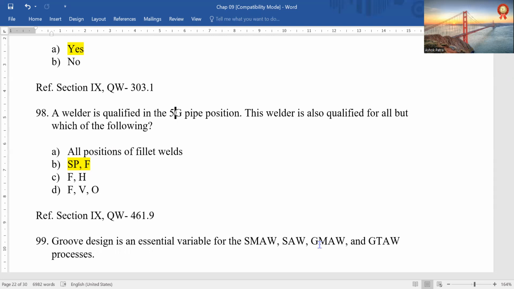Plot he can do. SP. And I don't know. Horizontal he cannot do.